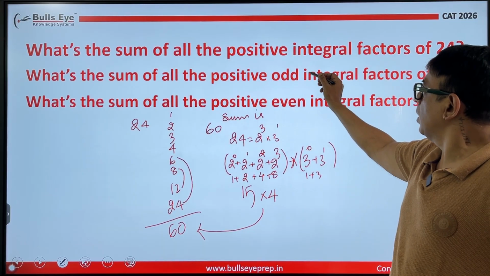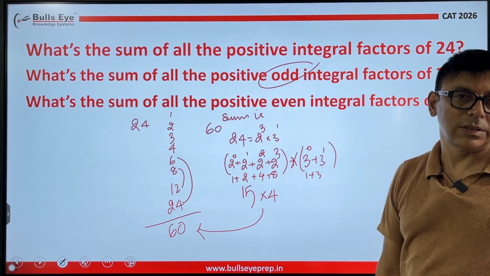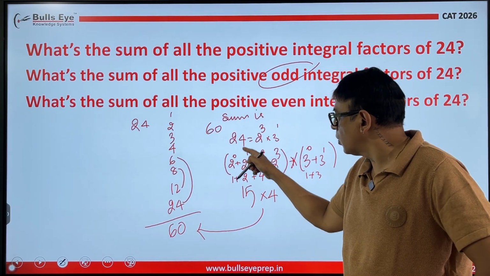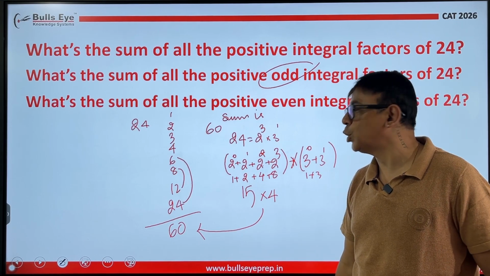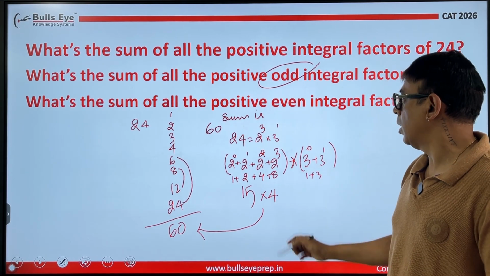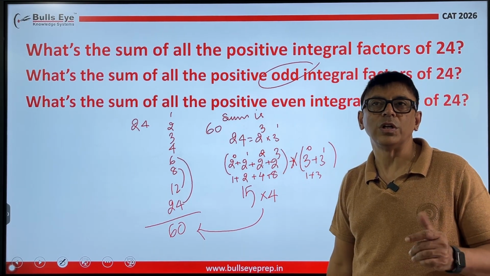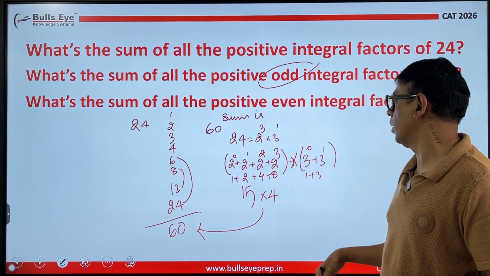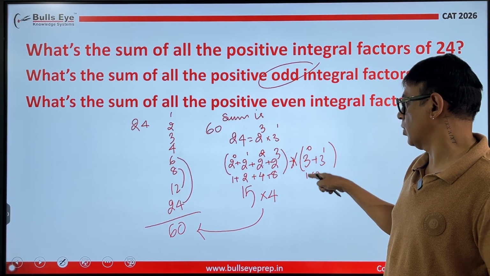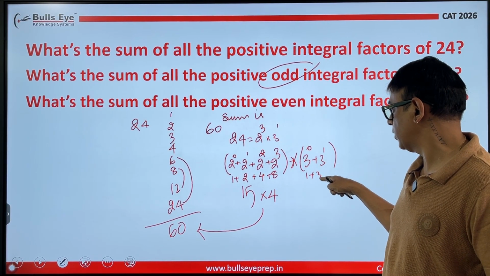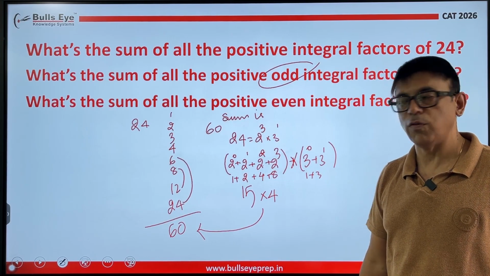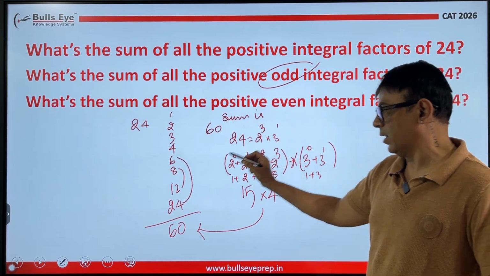What is the sum of all the positive odd factors? In this case, we don't take the 2 raised to 0 here. We ignore the even powers of 2 and we take only the odd. So this is 3 raised to 0, which is 1, 3 raised to 1, which is 3, and 3 plus 1 is 4. I write it separately.